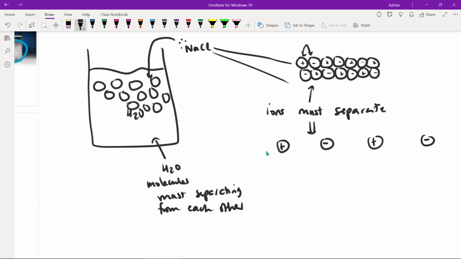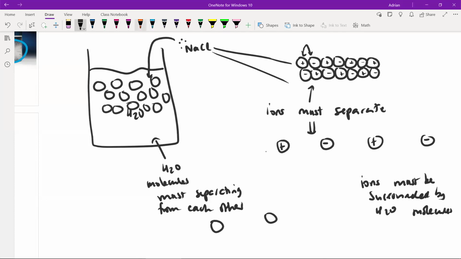They can slide past each other fairly easily. So these now need to be separated, and then the last thing that has to happen is the ions need to be surrounded by the H2O molecules.